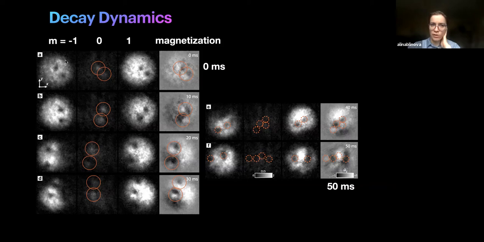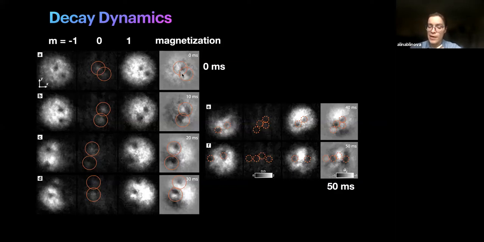So again, we are looking from the top at the 3 spinor components here, and the right-hand panels show the magnetization, which is just subtracting the plus and minus 1 components, which gives you the net magnetization of the system.